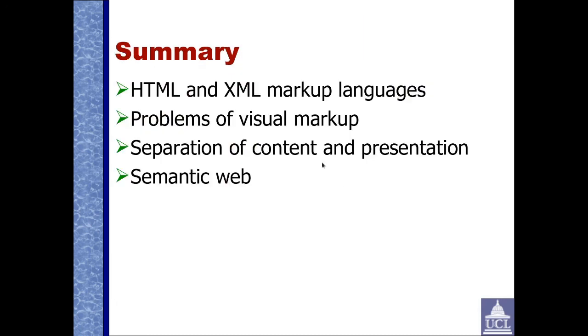So just to summarize then, we talked about HTML and XML as markup languages. We mentioned something of the problems of visual markup and those ideas of second and third generation web, which, as I've said, really has now been replaced by web services, and these allow us to overcome the problems of visual markup.